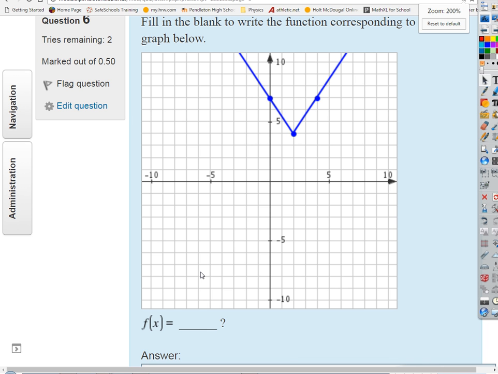Coordinates of the vertex, that help? So, there's the origin. I'm looking for the coordinates of that point. I think you're looking maybe wrong. So we're looking at the coordinates of the vertex, right? 2 and 4. Yeah, 2, 4, good.